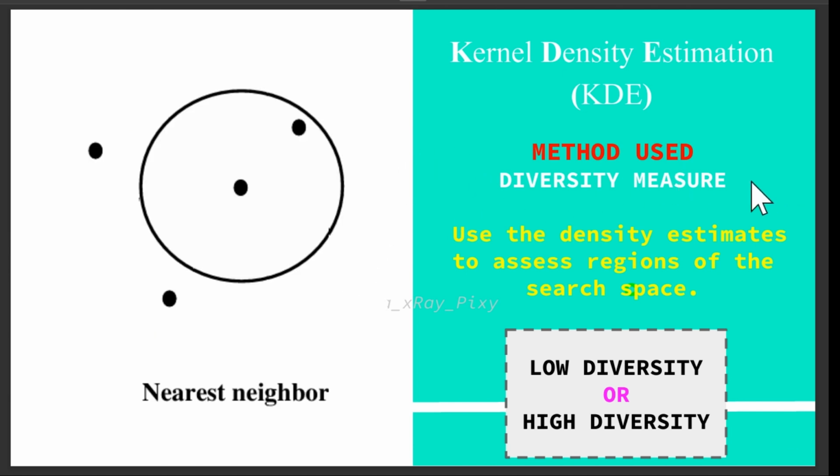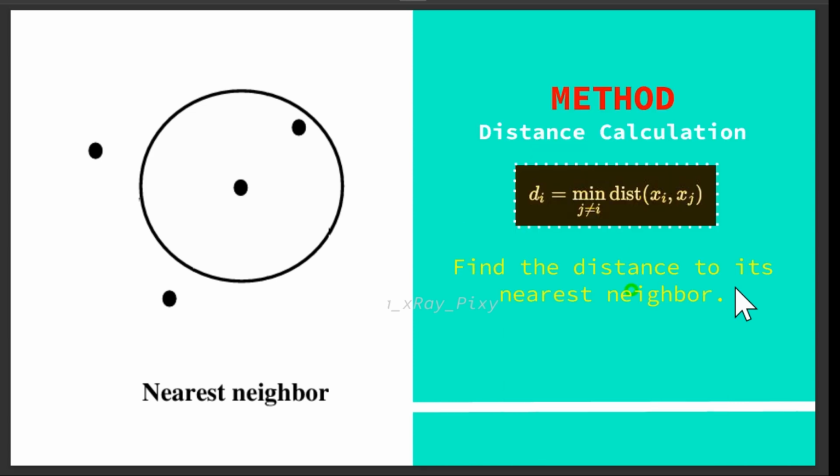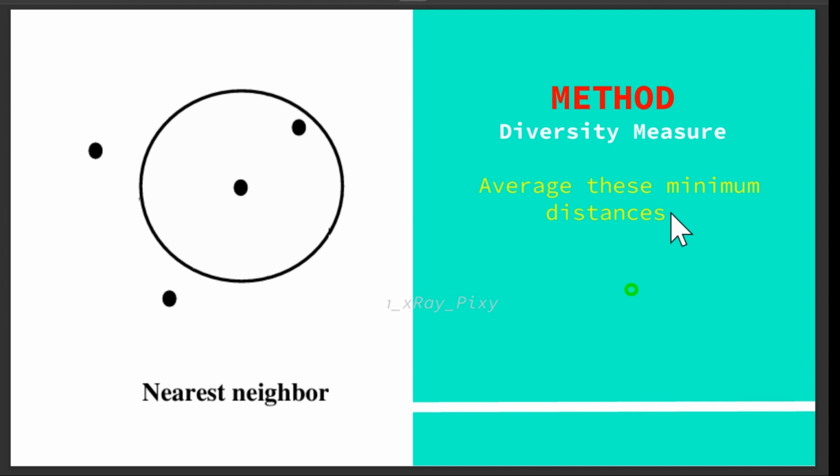Next method we have is the nearest neighbor method. This method focuses on the distance between the particles. The objective is to maintain the diversity by monitoring how close each particle is to its nearest neighbor. For the method we use distance calculation and diversity measure. In distance calculation, for each particle, we will find the distance between the particle and its nearest neighbor.